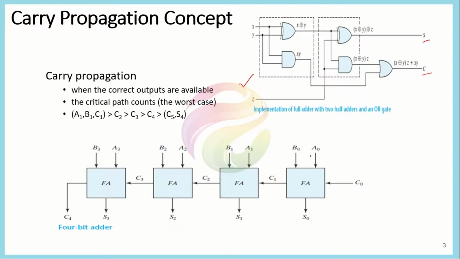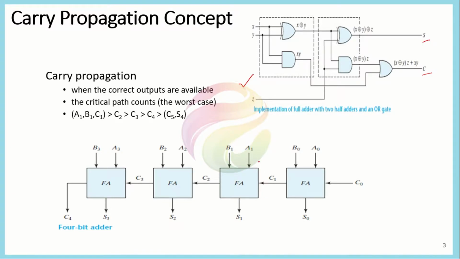So assume that for the first case, when the carry is generated after the first cycle, the A0 and B0 bits are available at the time of addition. Similarly, A1 and B1 bits are also available at the time of addition. A2, B2 are also available, and A3, B3 are also available for the addition.